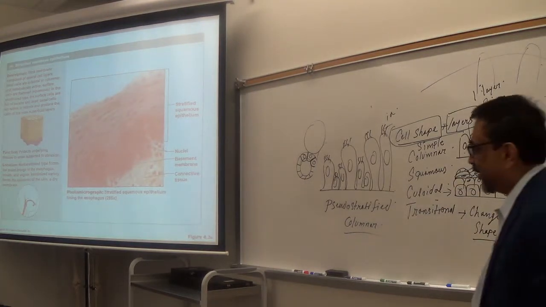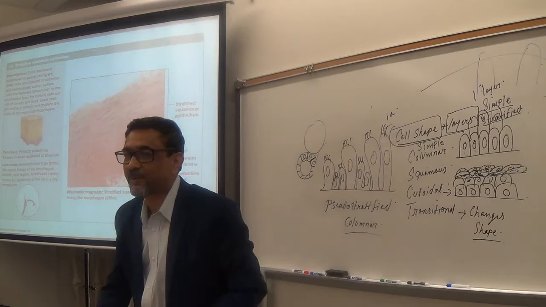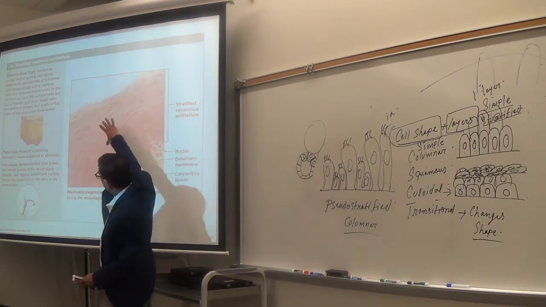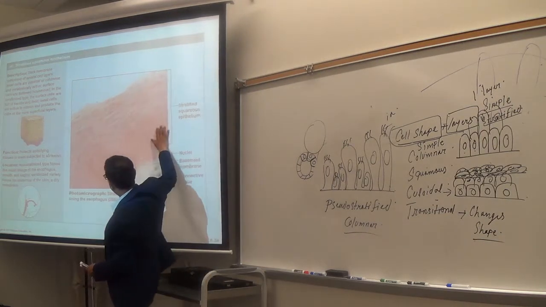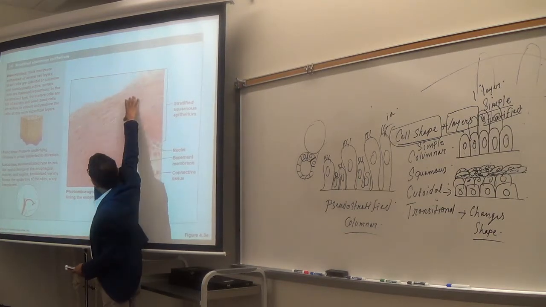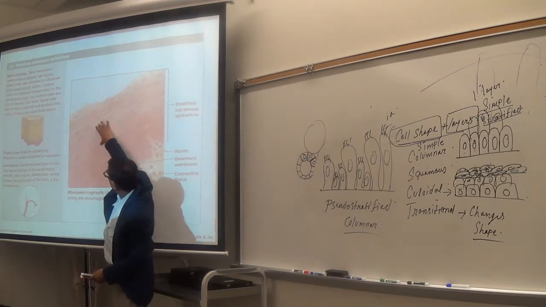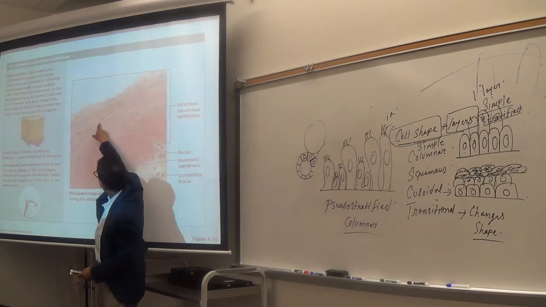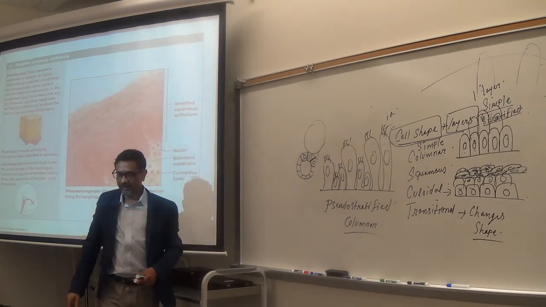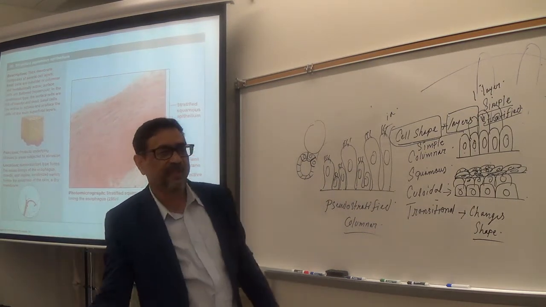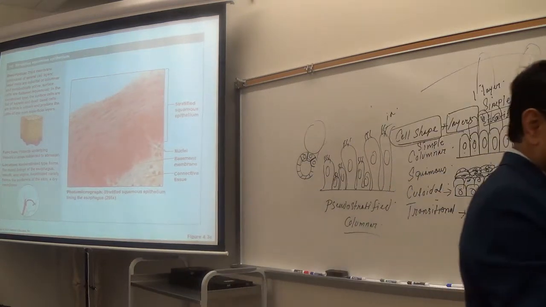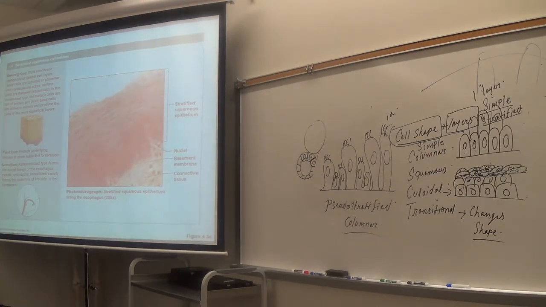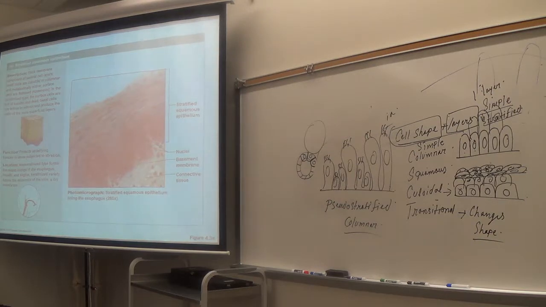Here you see, this is stratified squamous. Why? If you just look at this part, don't look at this part. If you see this part, many layers of flat cells. Many layers of flat cells. And that's why it is stratified squamous, this one.